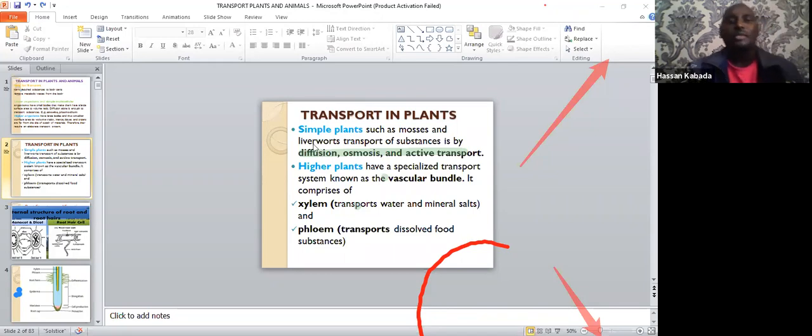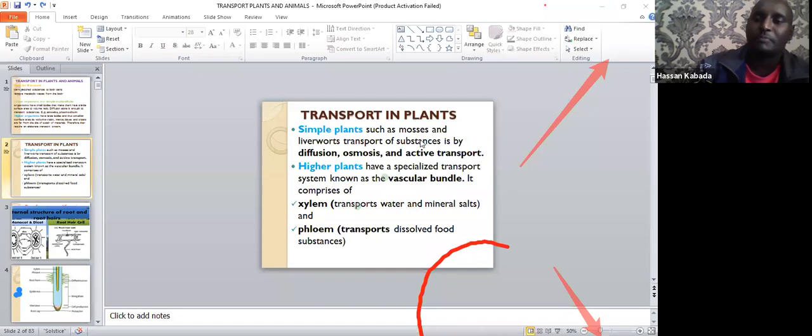So the transport of substances in these plants, mosses and liverworts, is by simple diffusion, osmosis, and active transport. They are not unicellular per se, but they can be seen, of course, in damp areas. But they are very small. They have a less developed transport system.